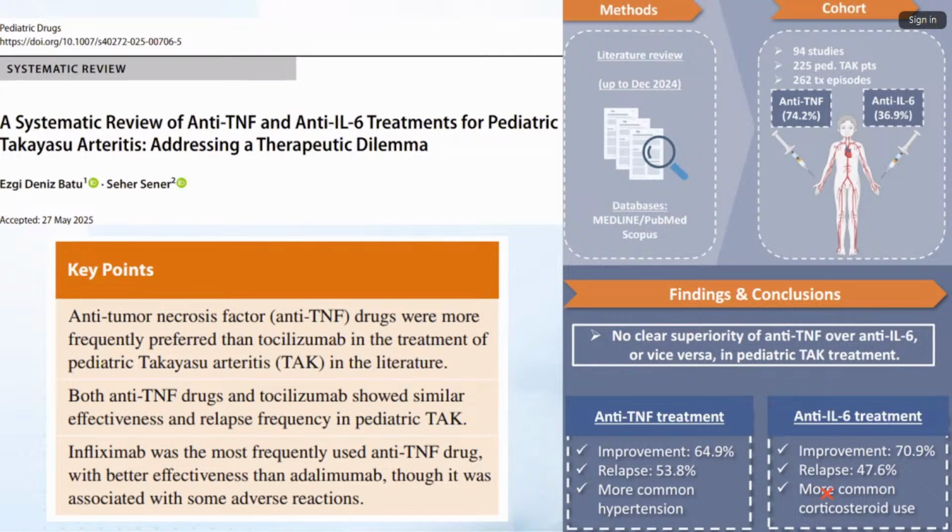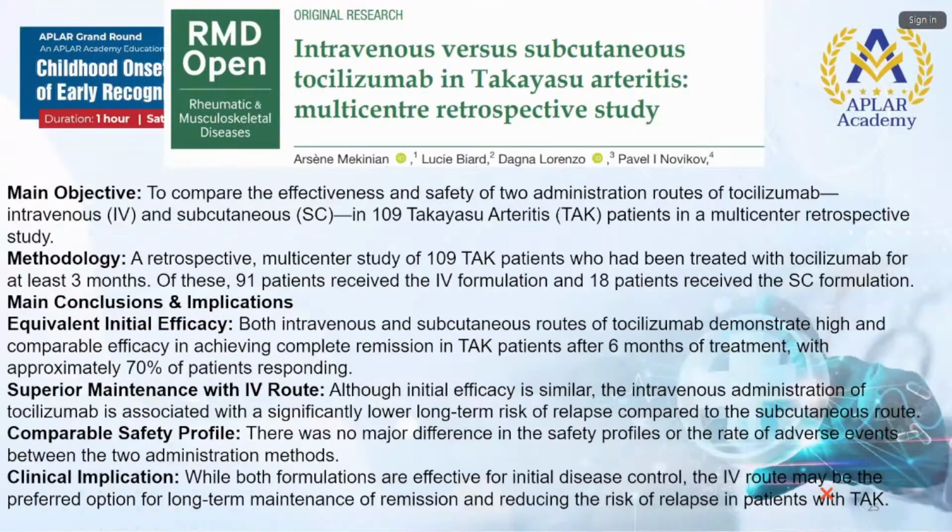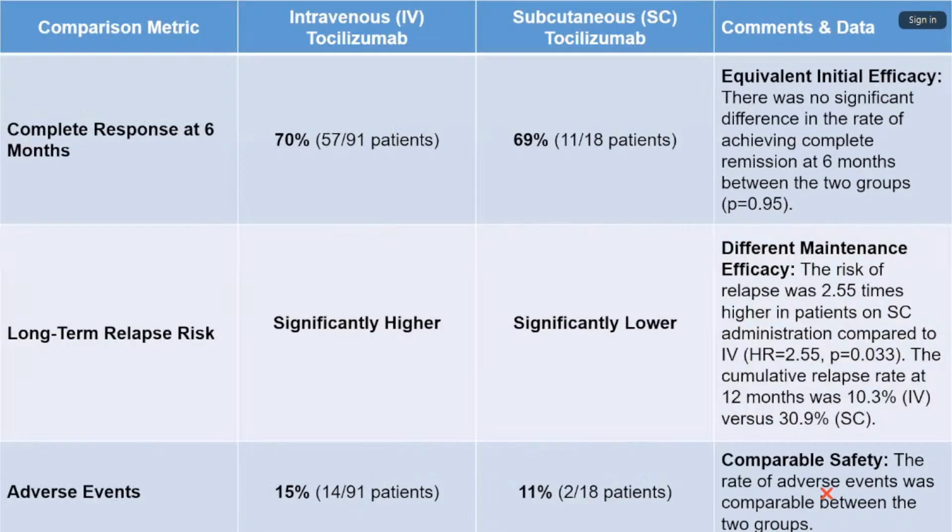In children, TNF inhibitors were more frequently preferred than tocilizumab, and among all anti-TNF agents, infliximab was almost always used, though with some adverse reactions. Regarding IV or subcutaneous tocilizumab, one study concluded that the IV option is preferred for long-term maintenance of remission and reducing the risk of relapse.